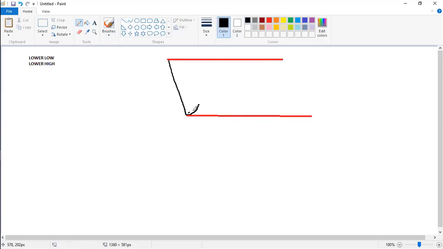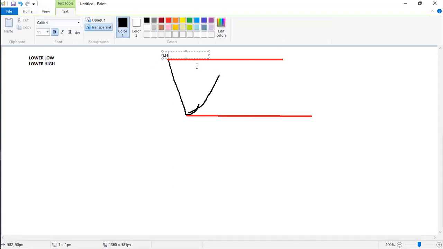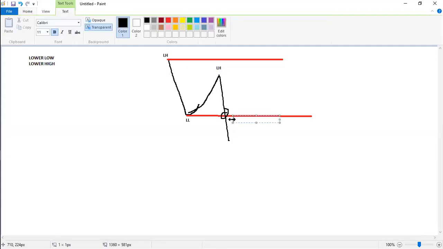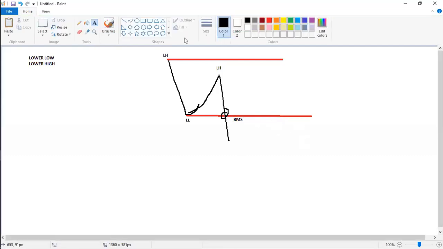Then price goes up to make a lower high. So this was a lower high. This is a lower low. Then lower high. And then what is this? BMS. Then we have a new lower low.